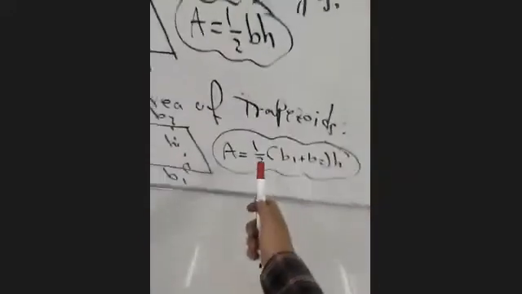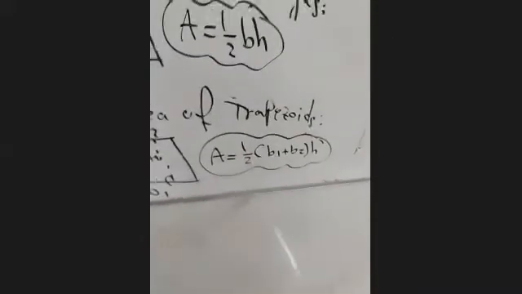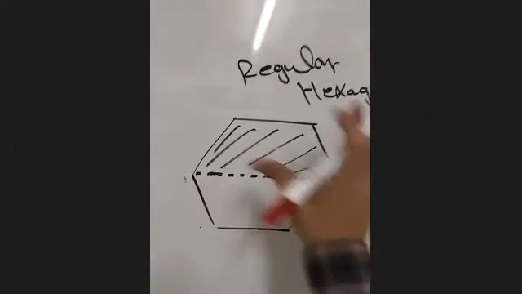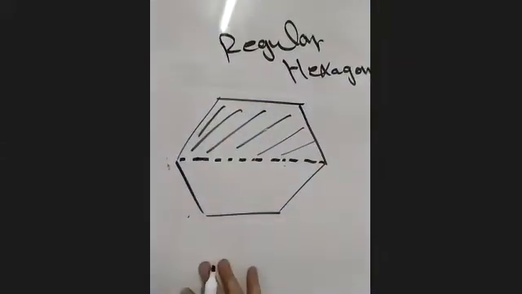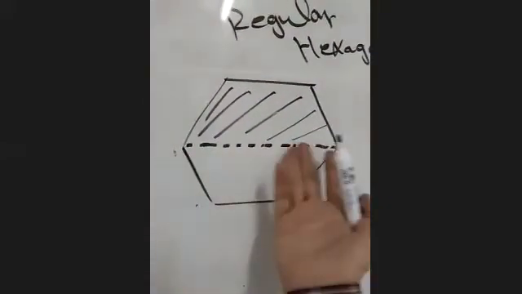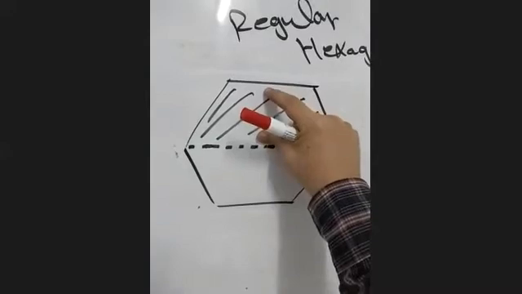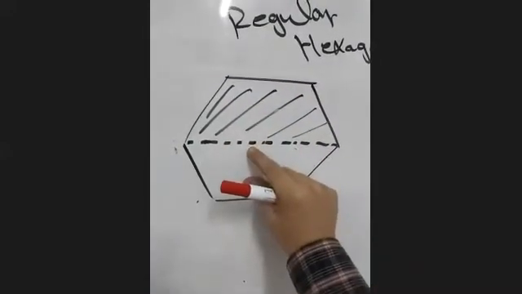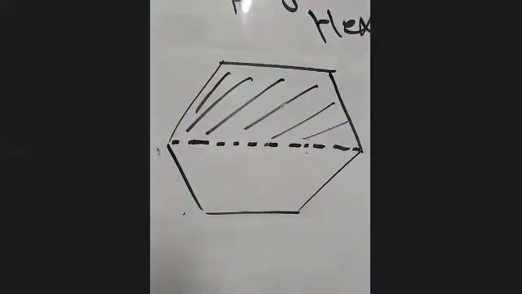Do we know the area of the trapezoids? Yes, we know the area of the trapezoid. So to find the whole area of this regular hexagon, I will make a division. I will calculate the area of the trapezoid here, the area of the trapezoid here. Then what will we do? Continue reading, ya Shukri.